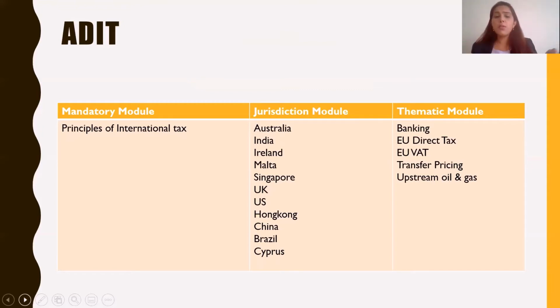As you can see, this course gives you detailed knowledge from the basic to the advanced concepts. All things are covered: international tax, transfer pricing, as well as the jurisdiction module which you want to opt for.